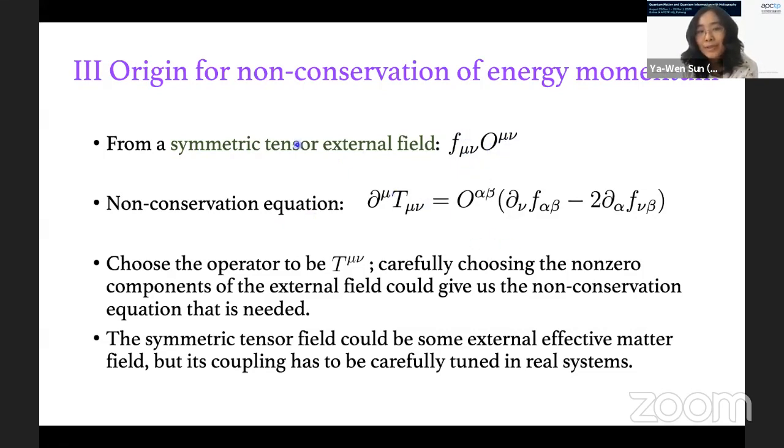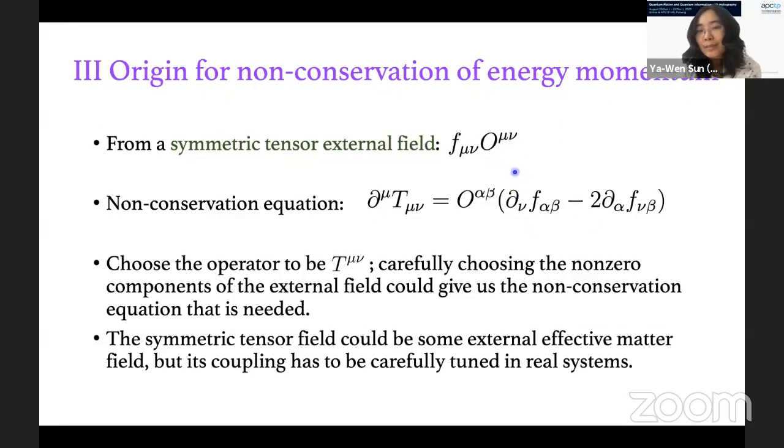So we introduce a symmetric tensor external field, which couples to this system. And it's an external field. So the energy momentum of this system will not be conserved due to the interaction with this external field. So it has energy momentum exchange with this external field.